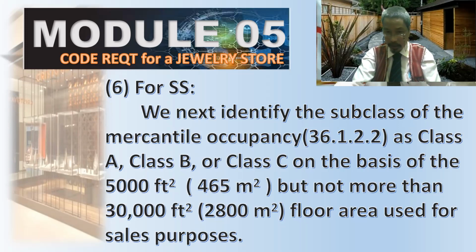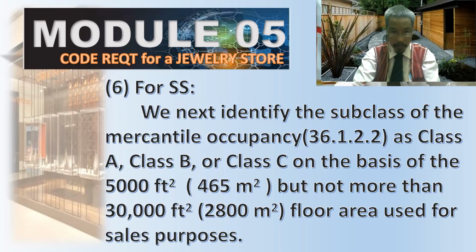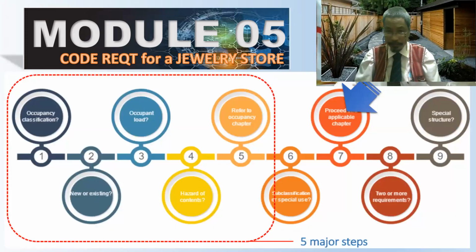We are less than 2,800, but more than or equal to 465. Okay, because the jewelry store occupies more than 3,000 square feet, which is what, 280 square meter. So it is classified as class B. Class B mercantile. So class B, we are able to have the sub-classification of our application.